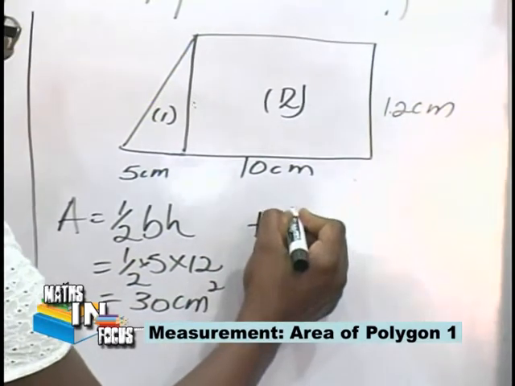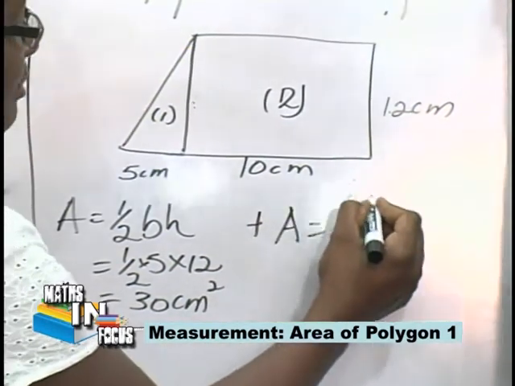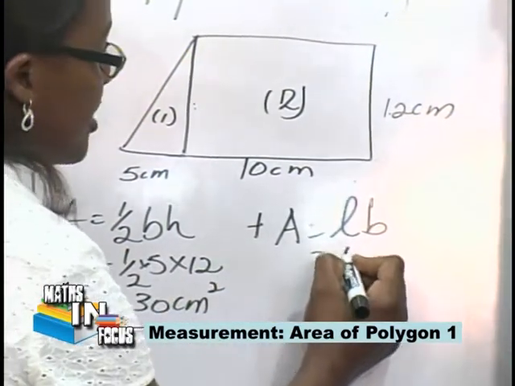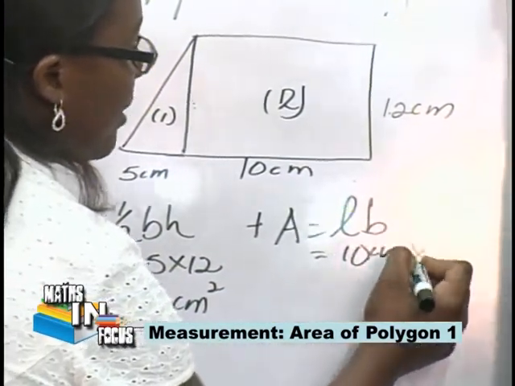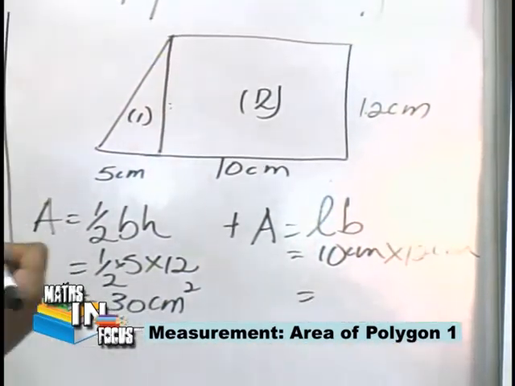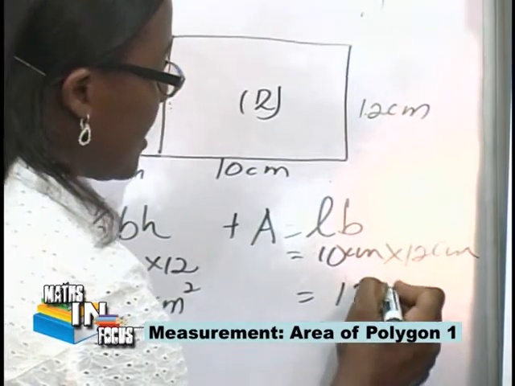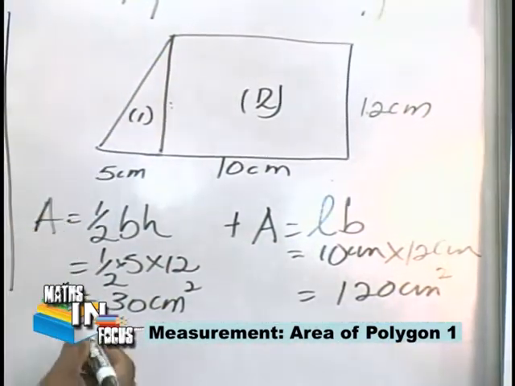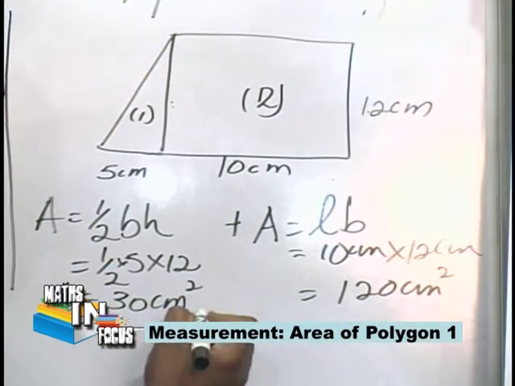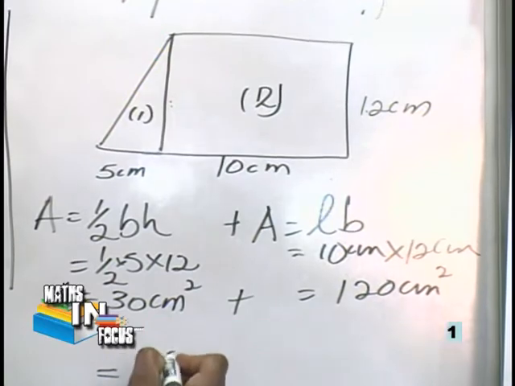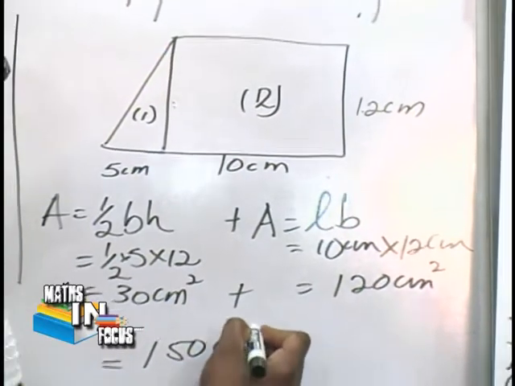Then we're going to add that to the area of the rectangle, which is length by breadth, which is 10 by 12 cm, and 12 tens are 120 cm squared. So the area of that trapezium would be 30 cm squared plus 120 cm squared, and that would be 150 cm squared.